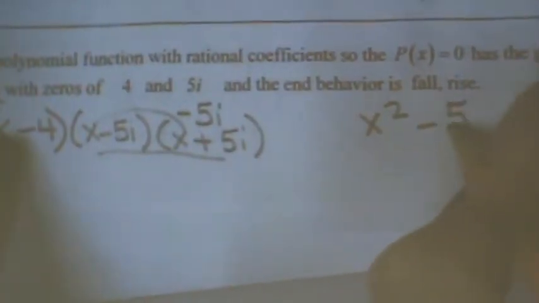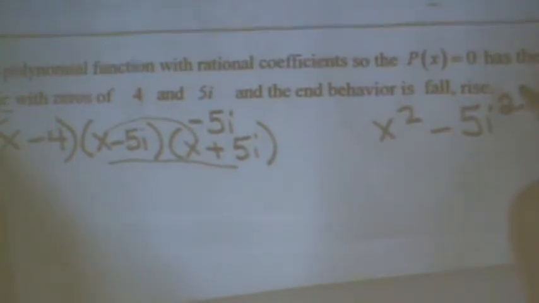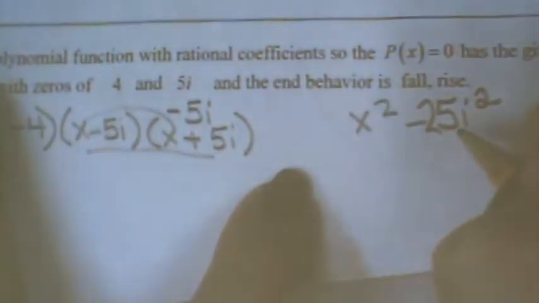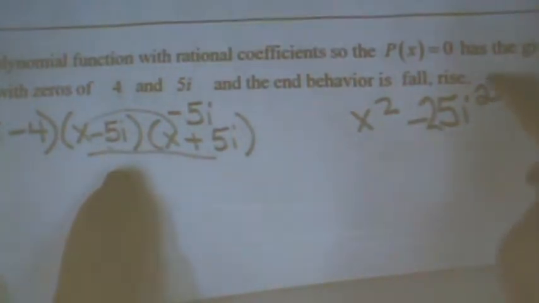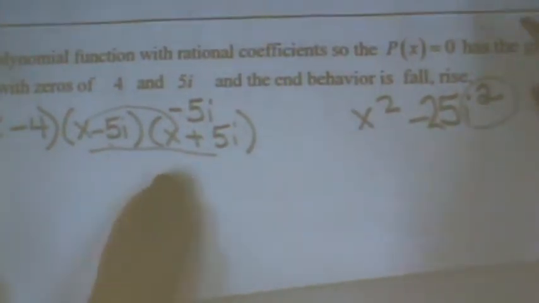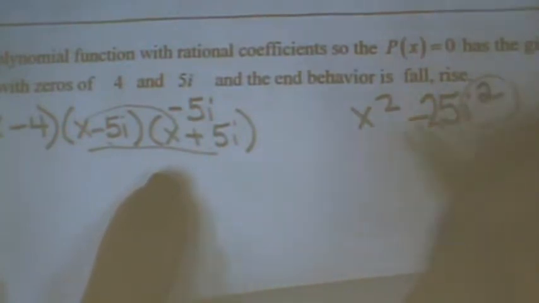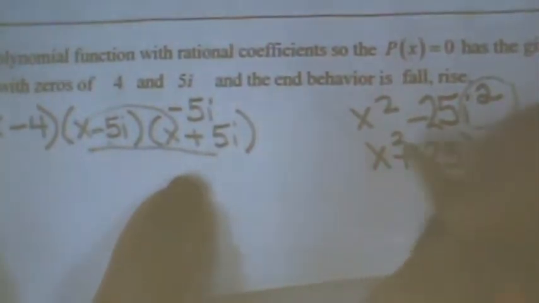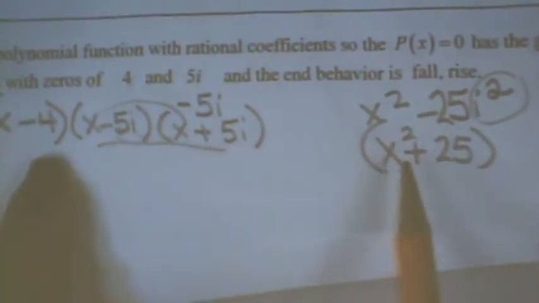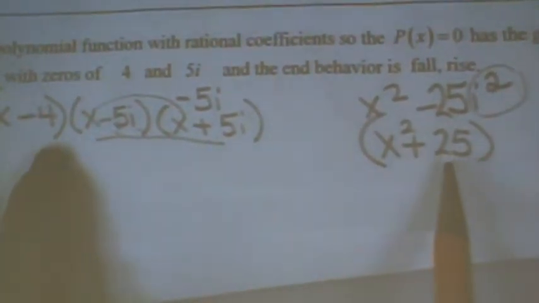Now, the next two will cancel out, and you're going to get negative 25i squared. 5 times 5 is 25, and i squared. And what is i squared equal to? -1, so this is positive 25. So taking these two and FOILing them, you get x squared plus 25.